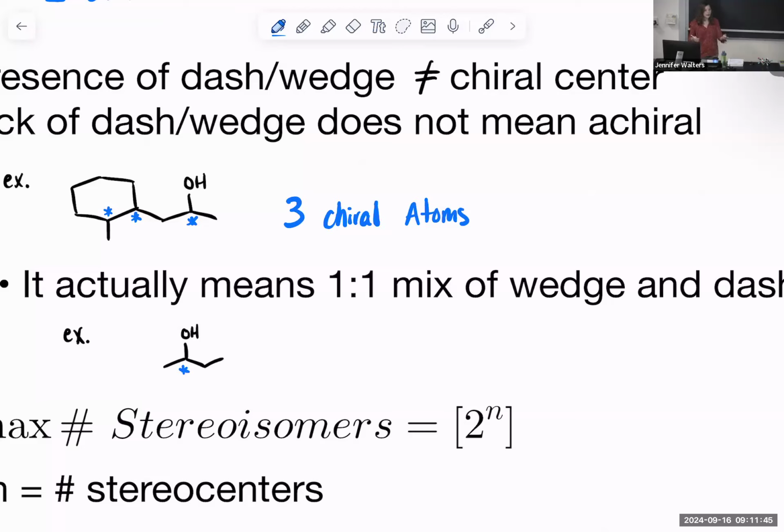So there's going to be 1 wedge and 1 dash. This molecule represents a mixture of the enantiomers: 50% of it is a wedge, 50% of it is a dash. That's what it means when you have that line there.